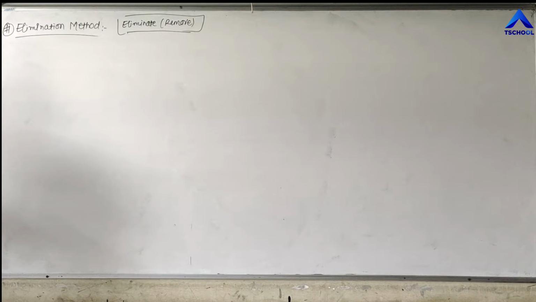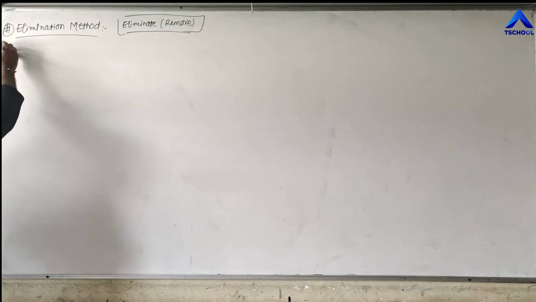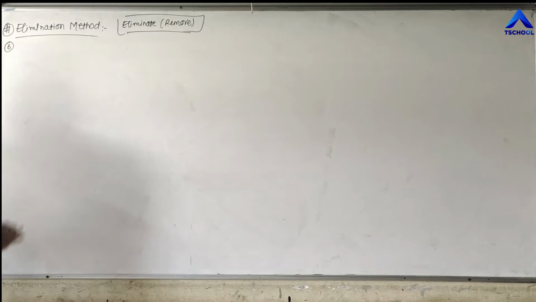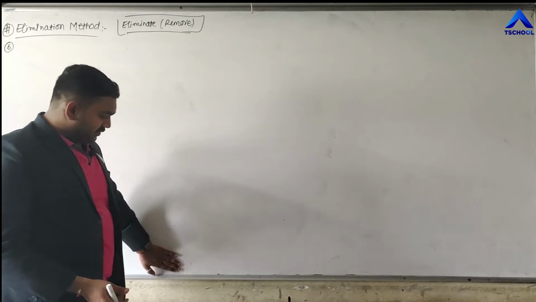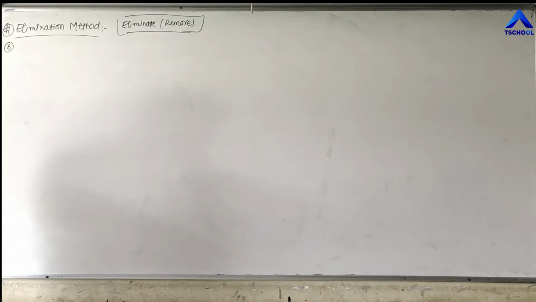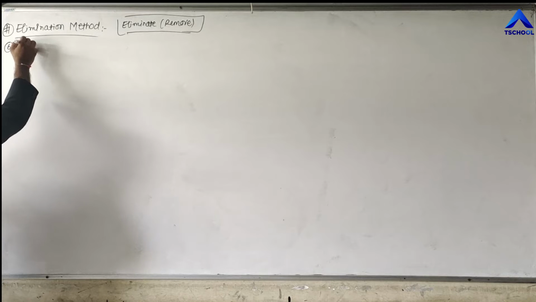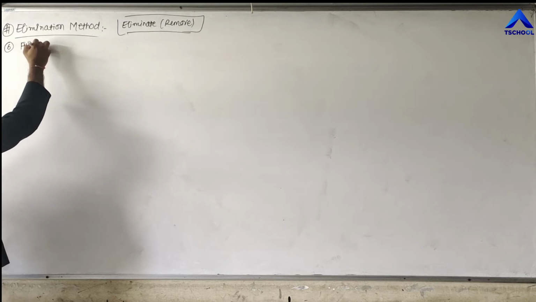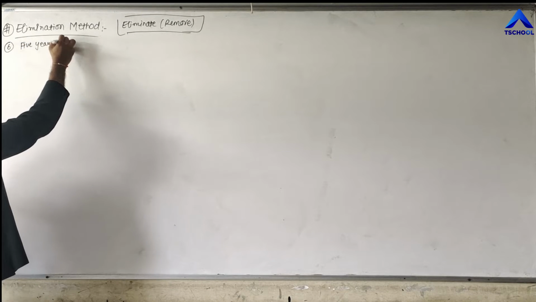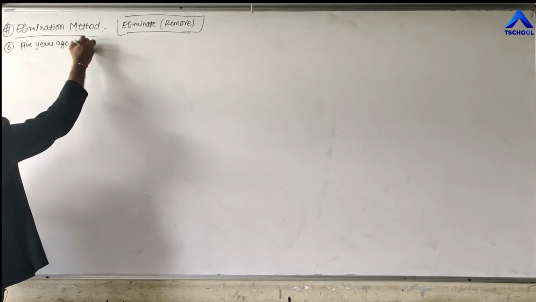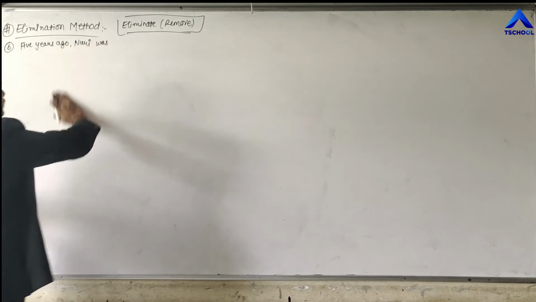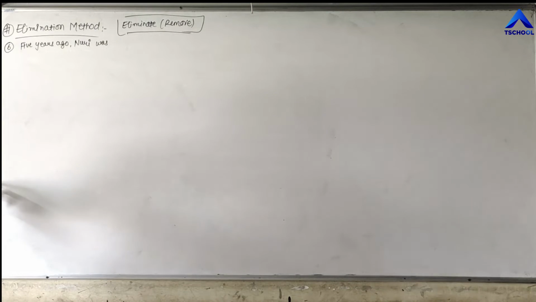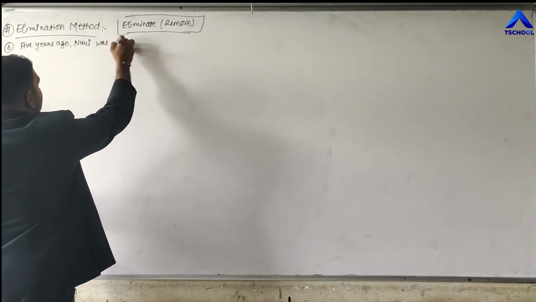Let us solve one more example here, that we are having a condition now. There are two friends, Nuri and Sonu. Now the first one says that 5 years ago Nuri was thrice as old as Sonu, thrice, 3 times.